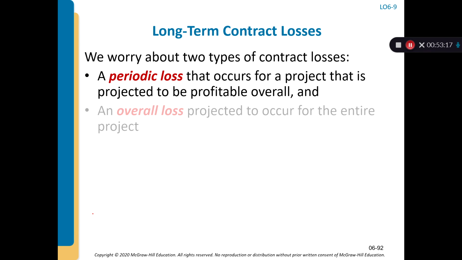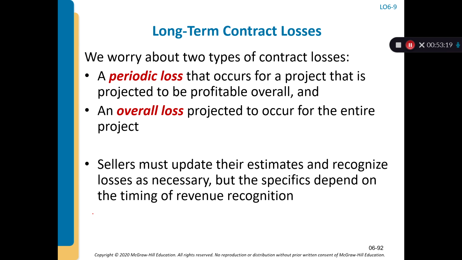Okay, so now I wanted to talk about, I believe, quite a difficult part of this lecture. It's called recognizing long-term construction losses. There are two kinds of construction losses that we will encounter. One is called a periodic loss, meaning during the period we find that we might be losing money, but in the end we are still profitable.